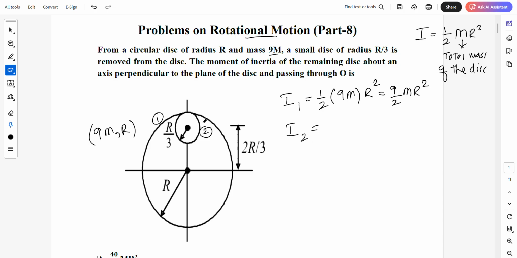Okay, I2. How to calculate I2? You have to assume that this axis is coming out of the plane of the board or going into the plane of the board, and this is also coming out of the plane of the board or going into the plane.